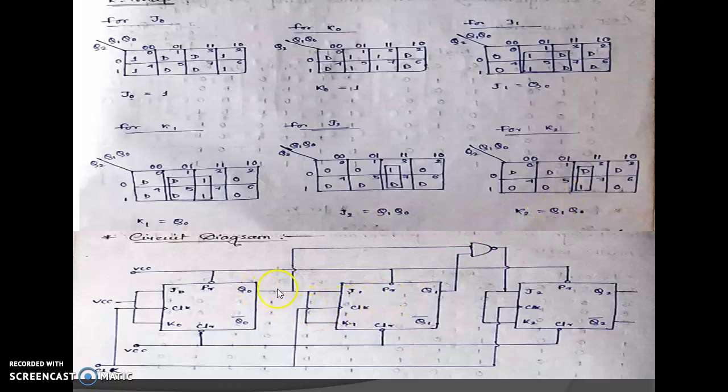So Q0 and Q1, both inputs go to the AND gate and the output of the AND gate is connected to J2 and K2. Q2 bar is the output.